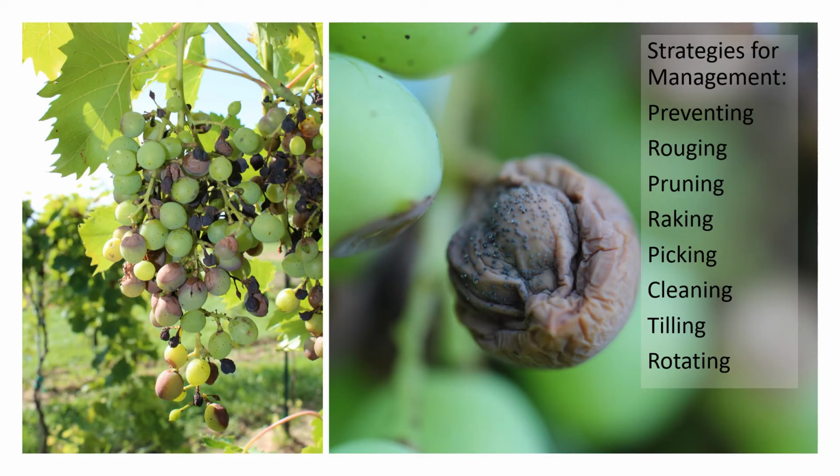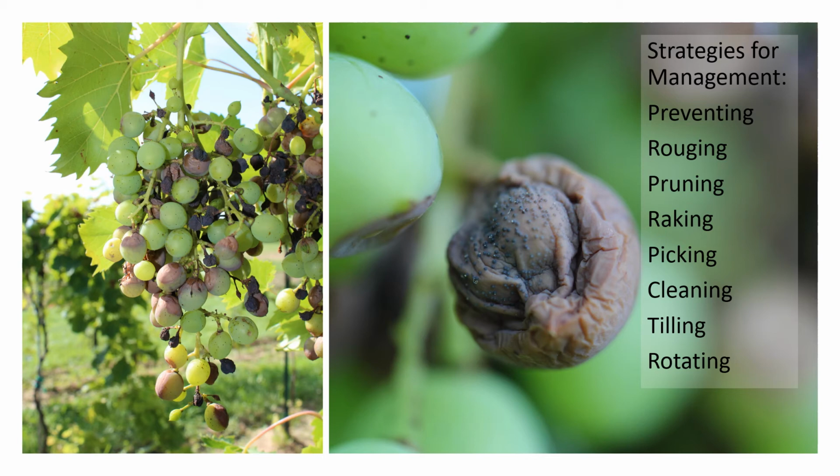So quick checklist: strategies for managing plant disease in the context of overwintering and pathogen survival. Preventing, roguing, that means tossing it out, digging it up and cutting your losses. Pruning, so that's particular for cankers, pruning out disease material and getting it out of the orchard.